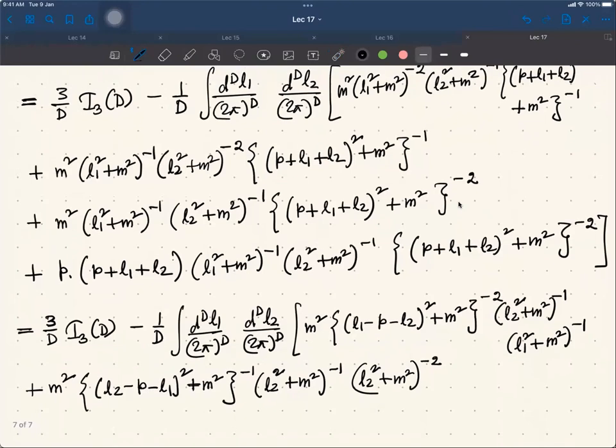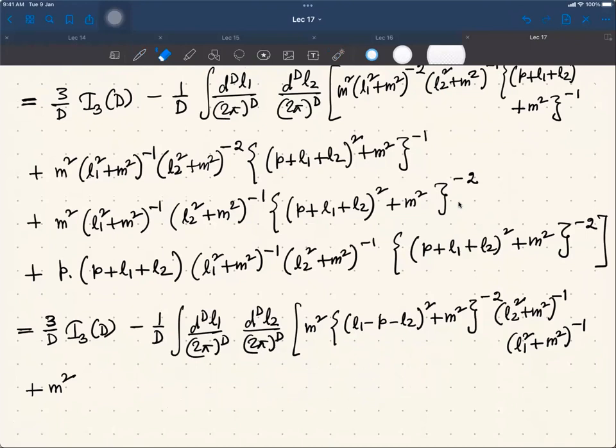Sorry, I have done something. Sorry, I have written it wrong. So this is L1 square plus M square minus 1.